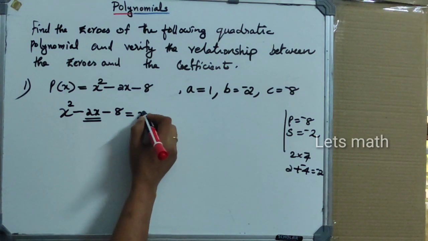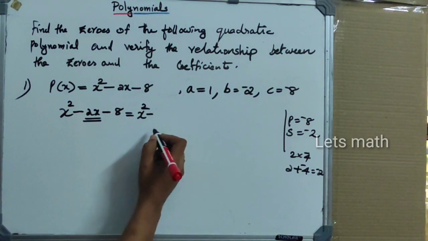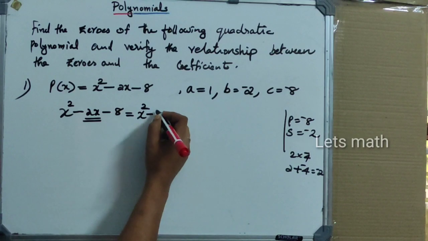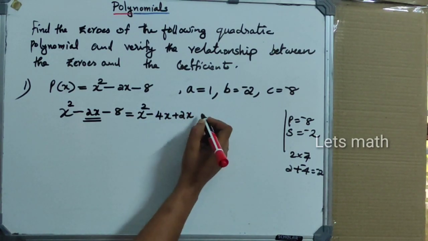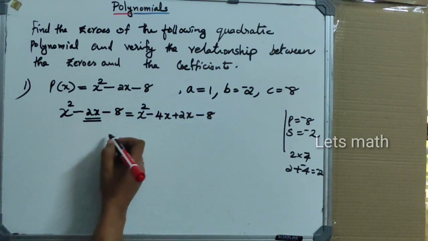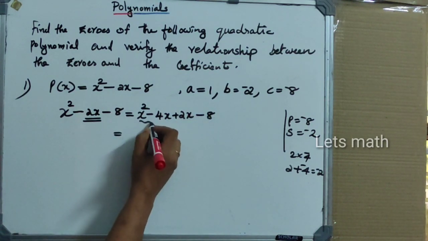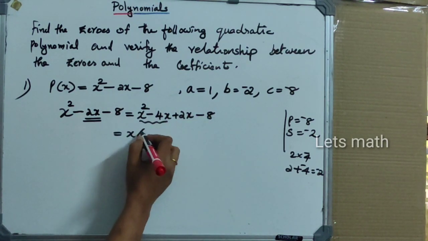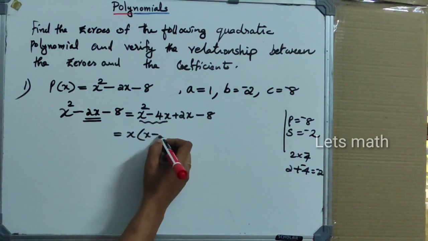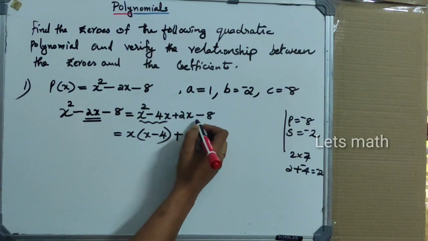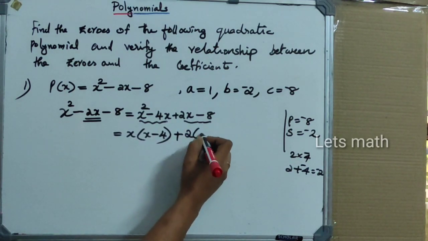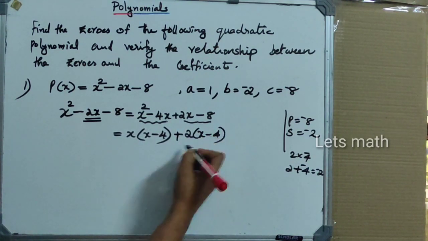Now let us see, x square minus 4x plus 2x minus 8. From the first two we take x out common, x minus 4. From the last two we take 2 out, x minus 4.